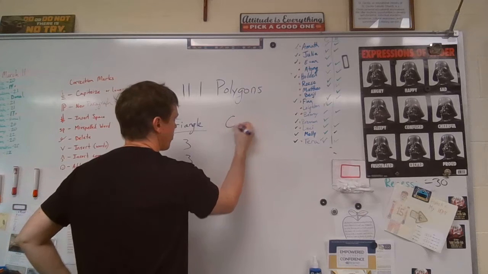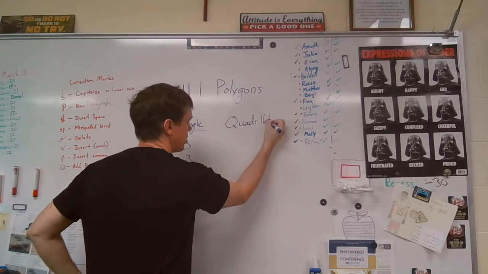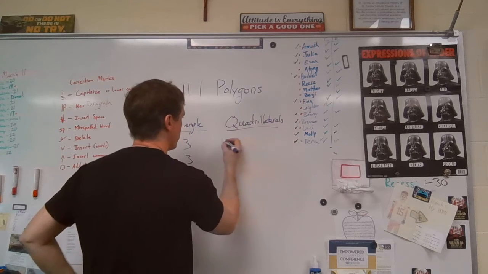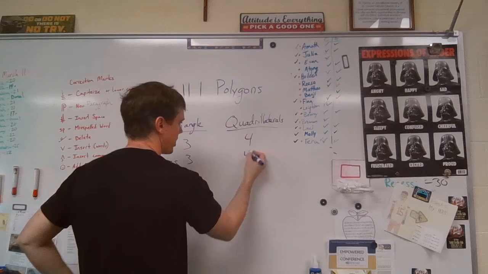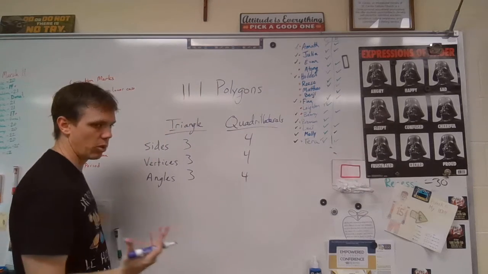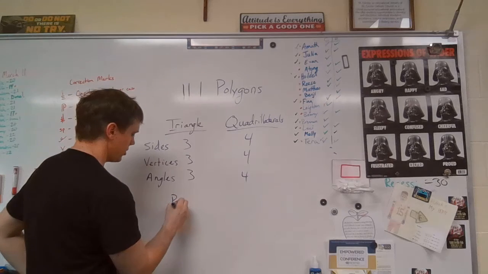Then we have quadrilaterals. Quadrilaterals have 4 sides, 4 vertices, 4 angles. Cool? So far, makes sense? All right, then we have pentagons.